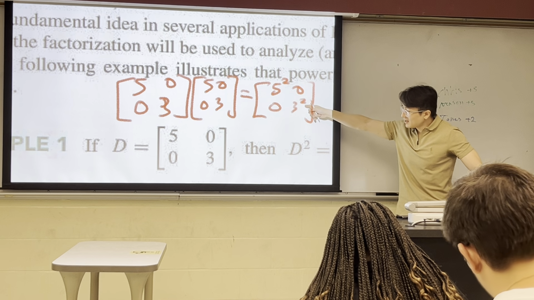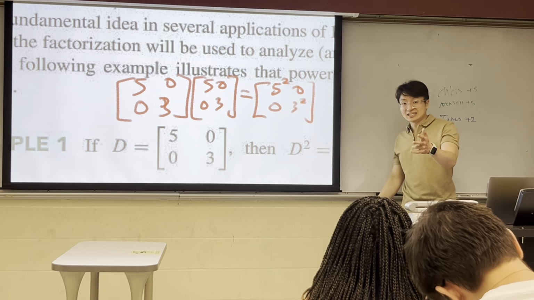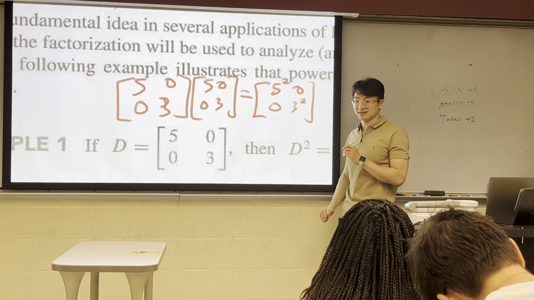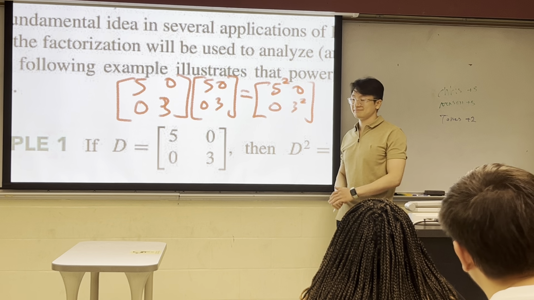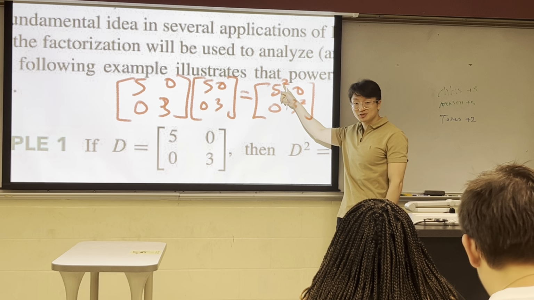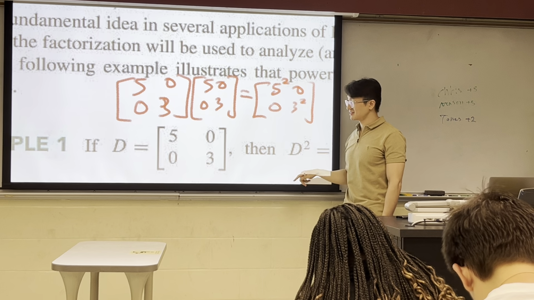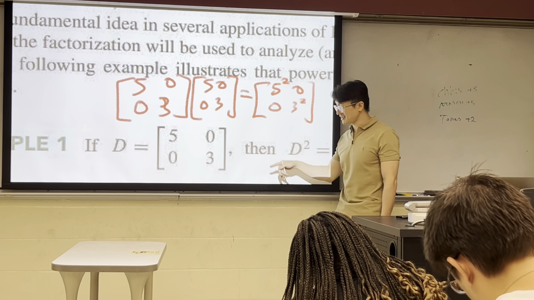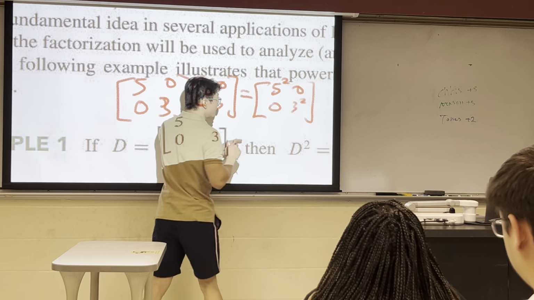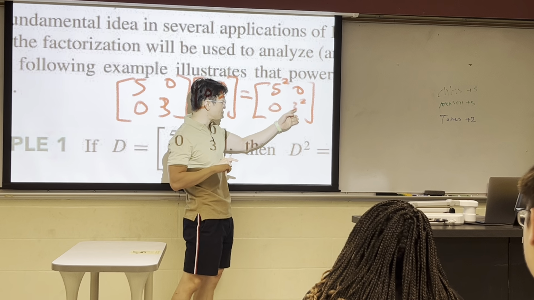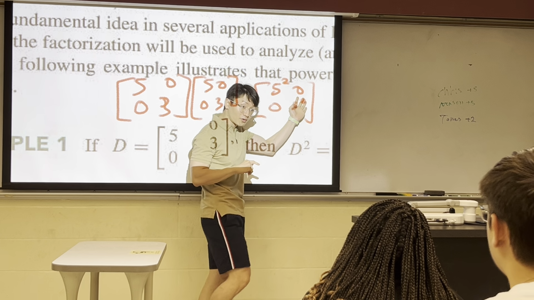Okay, so I want to multiply one more time. I want to get D cubed. What would that be? 5 cubed, 3 cubed. Okay, I see the pattern. If I multiply one more time, then it's going to be 5 to the power 4, 3 to the power 4. Right?